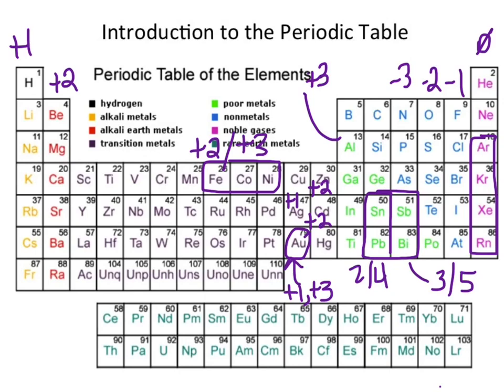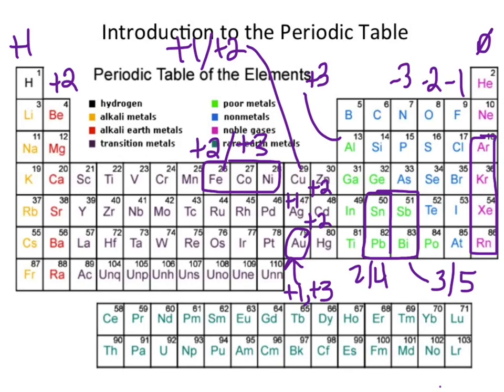And the last one I forgot to put in here, copper is a +1, +2. Okay, so iron, cobalt, nickel, +2, +3. Gold, +1, +3. Copper, 1 or 2.